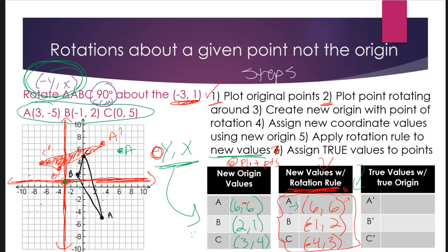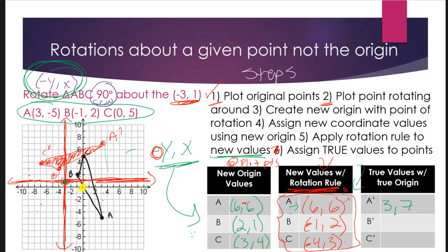So the last thing you're going to need to do to finish this up is to assign true point values, like the actual true point values for A prime, B prime, and C prime. And those actual point values would be you going back to the real origin. So I know it's a lot. Like I said, it's not necessarily difficult. It's just time consuming. So you go back to the real origin and you figure out what the coordinates are. So from here, it's 1, 2, 3, then up 7 for A.